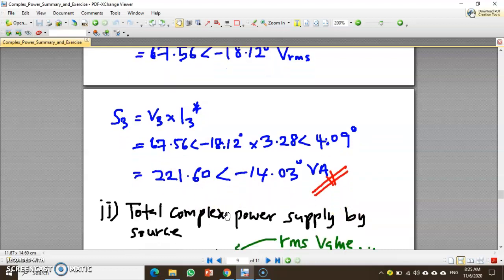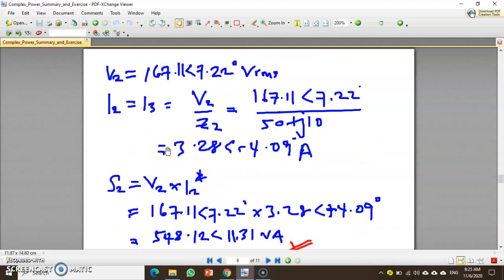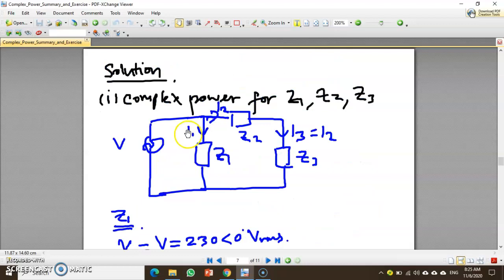Next question: determine the total complex power supplied by the source. We have several approaches.